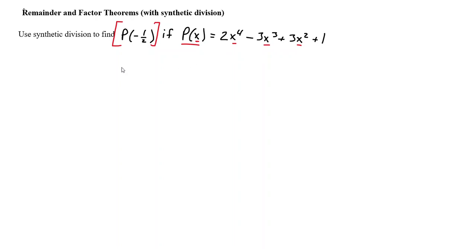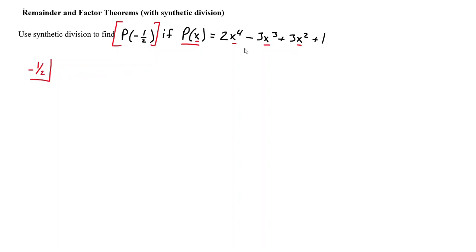But we can use the remainder theorem, which says if we do synthetic division with the number that we're trying to evaluate, so -1/2 here as the thing we're dividing by, and divide that into our polynomial.